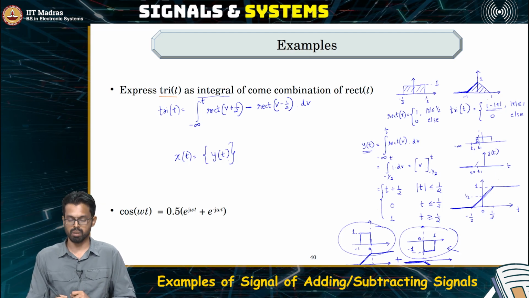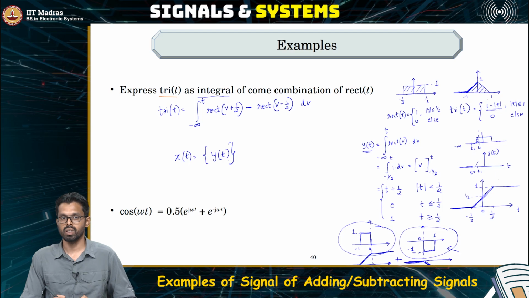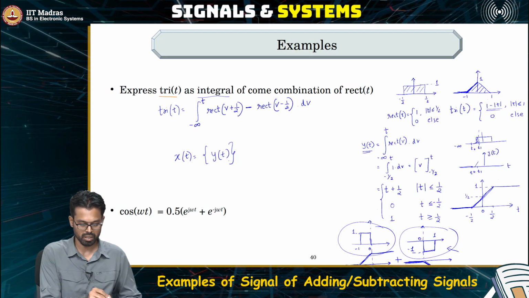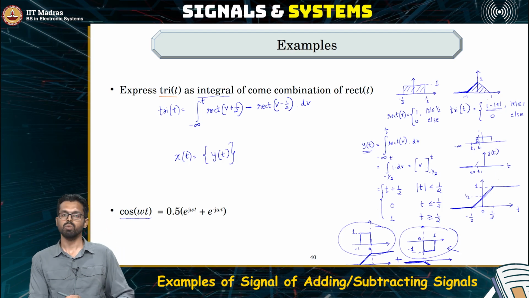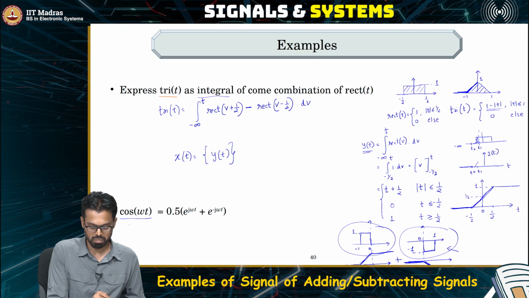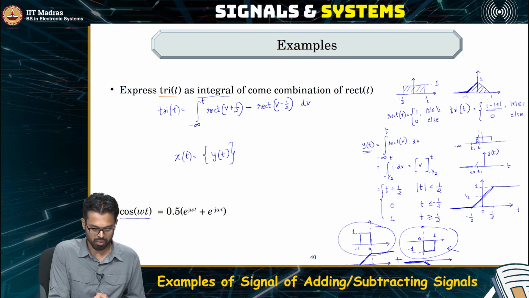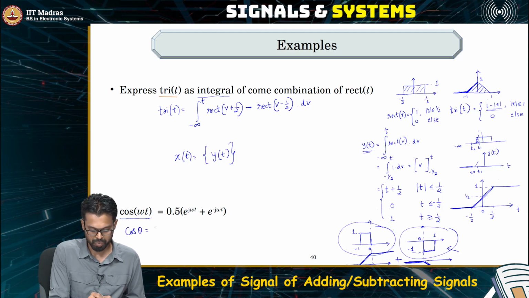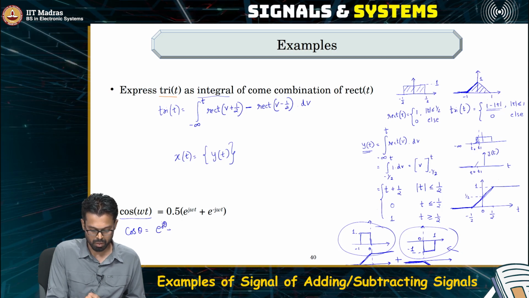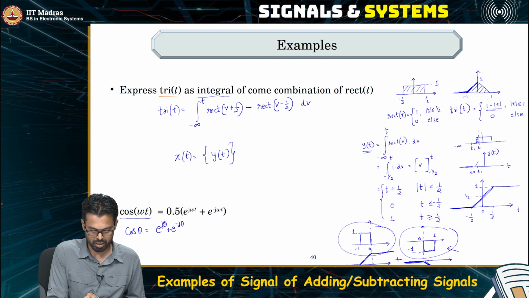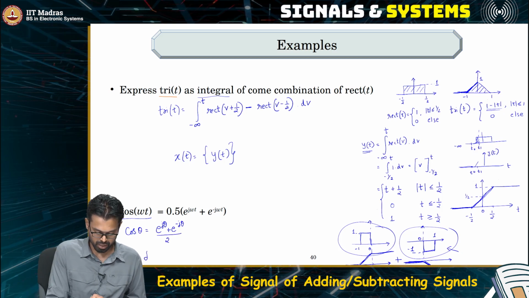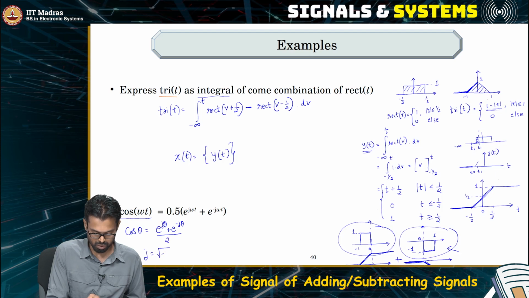Okay, in this decomposition, we have so far been considering only real valued signals. Now what if we have a signal like the sinusoid, one of the important standard signals? Now we know that any cos theta can be written as (e power j theta plus e power minus j theta) by 2, where j is nothing but the square root of minus 1.